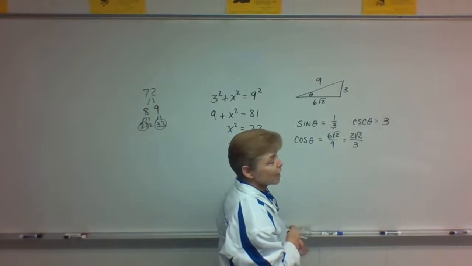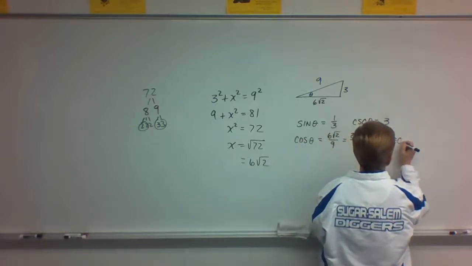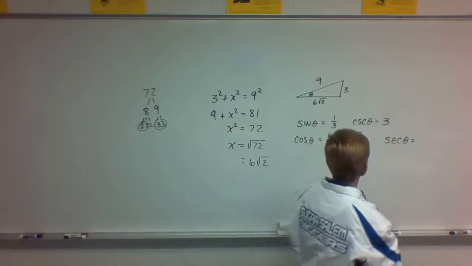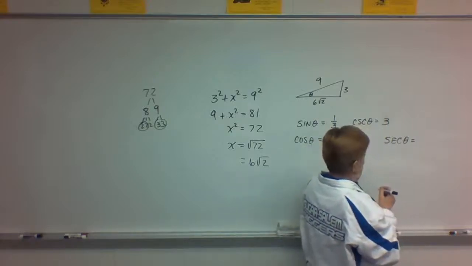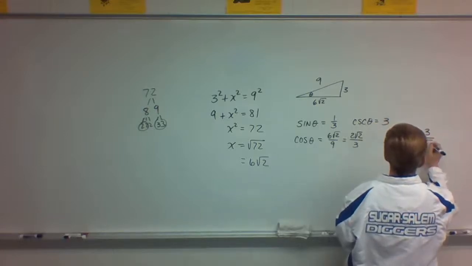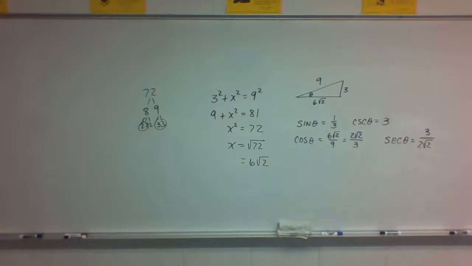Now wait till you see how gross this is going to get. Secant of theta is what? At least to start with, 9 over 6 root 2. I'd go with this reduced one, 3 over 2 root 2, right? Let me see if they need you to rationalize it. I'm not sure they're going to do this to you. Yes, they are. Okay.